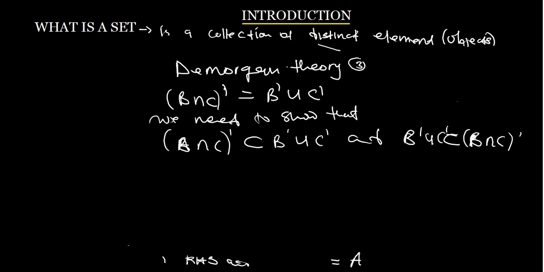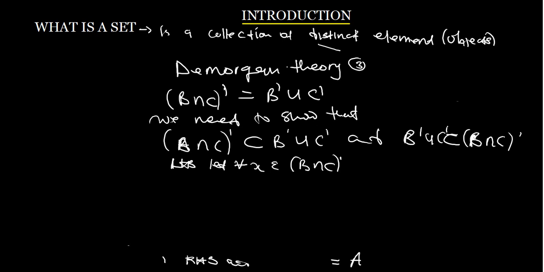So let's start from the left hand side. Let all x's be a member of open bracket B intersection C, complement.